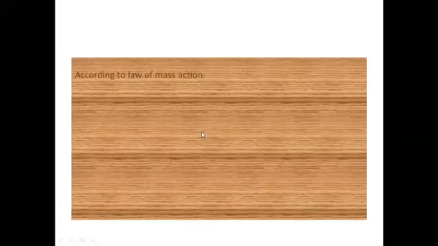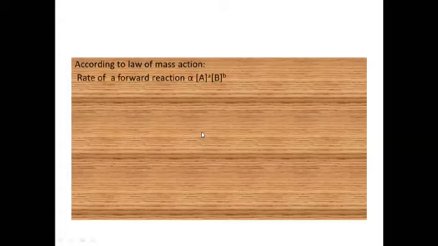So according to the law of mass action, we will apply it to the general reaction, starting with the rate of forward reaction. According to the law of mass action, the rate of reaction is proportional to the product of the reacting substances. We have the reacting substances A and B. A and B are the reactants, and the rate of forward reaction will depend on the product of the concentrations of these two reacting substances.